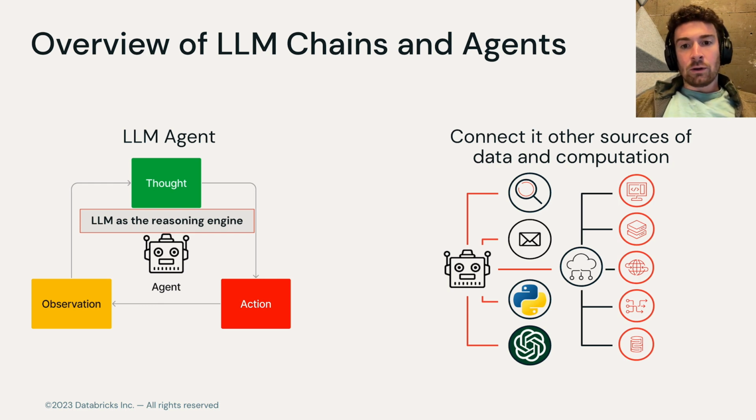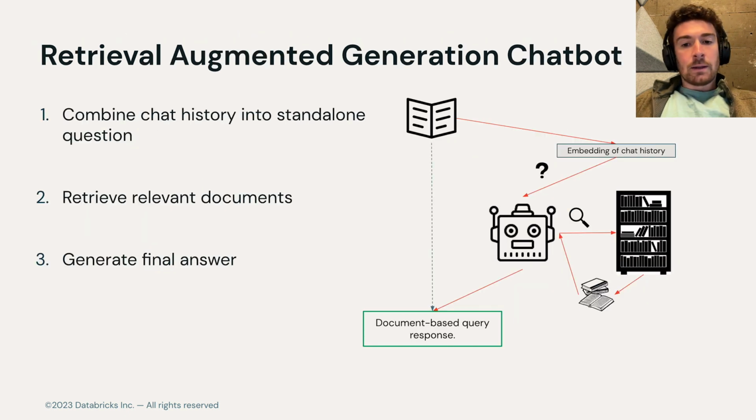We'll use the LLM more as a reasoning engine. And so the canonical example of this is retrieval augmented generation. And we can think of this as a chatbot that can answer questions about particular documents. So documents that are proprietary to you that the language model, GPT-3 or whatever, has not been trained on.